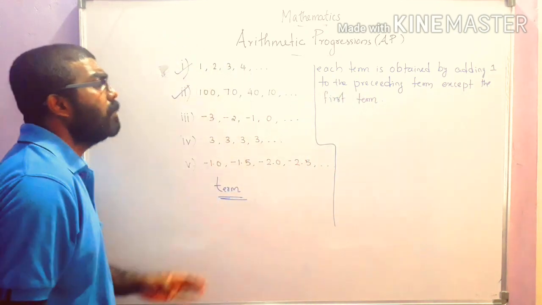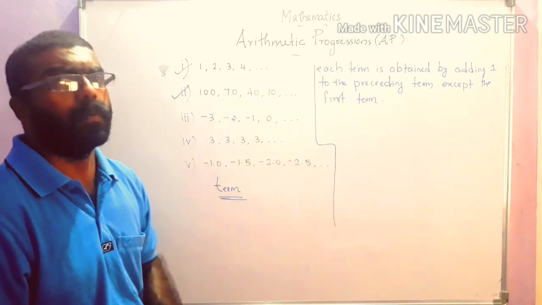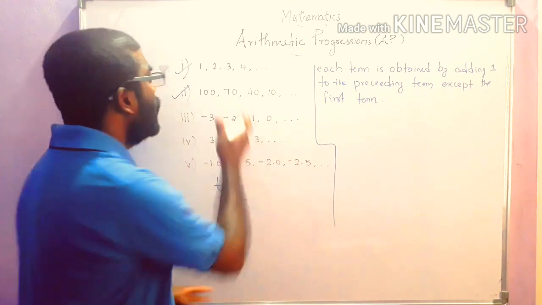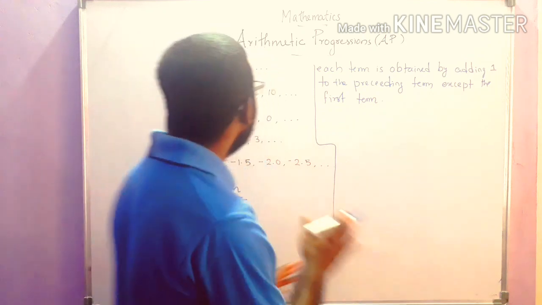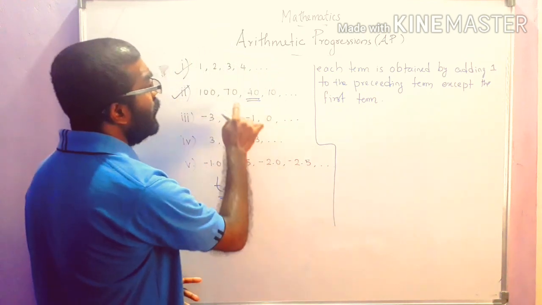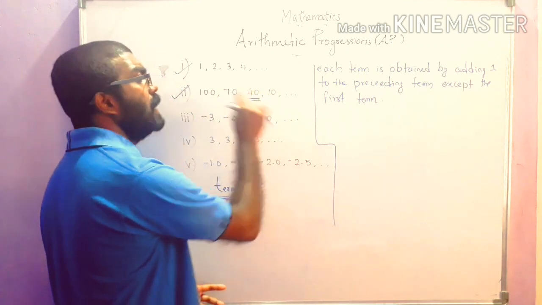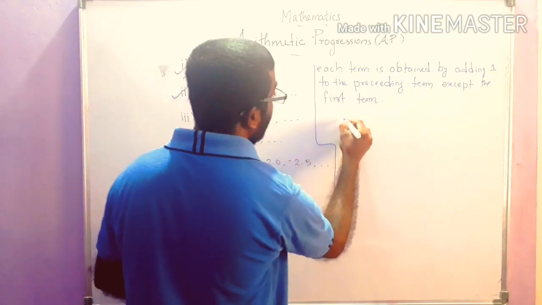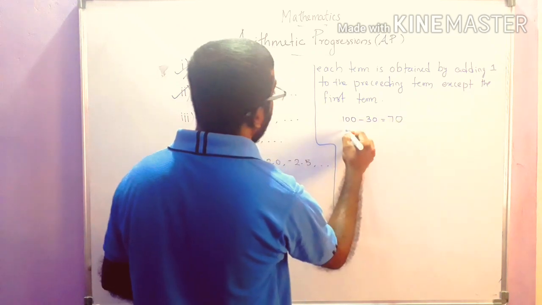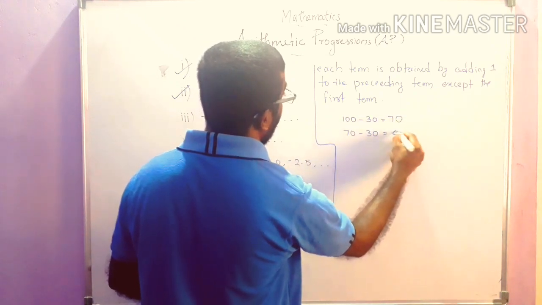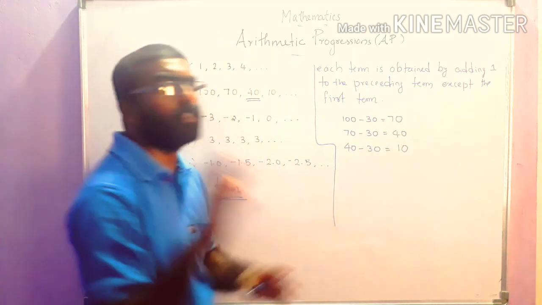And in the second one, 100, 70, 40, 10 and so on, what do you observe? 70 is 30 less than 100, and 40 is 30 less than 70, and 10 is 30 less than 40. That is, 100 minus 30 gives 70, 70 minus 30 gives 40, 40 minus 30 gives 10, and so on.